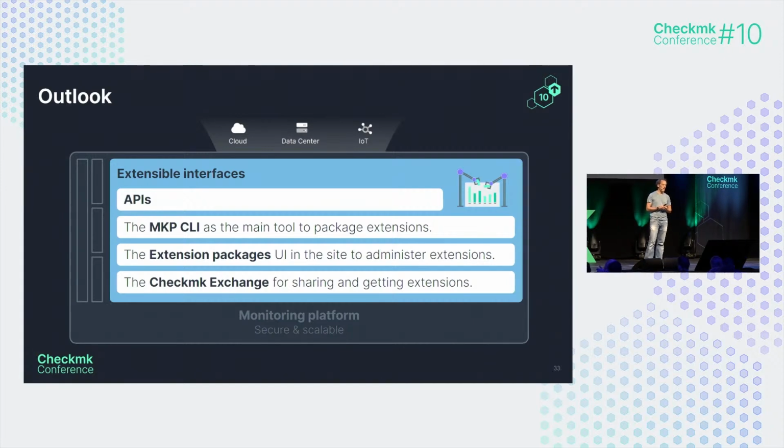The extension packages site that we have in the site to administer these MKPs, and obviously the exchange that we use for sharing extensions. So we are aware that all of these are there as well, and they can be improved, and we have lots of ideas, and we know you have ideas, and there will be stuff happening in the nearer future, hopefully.